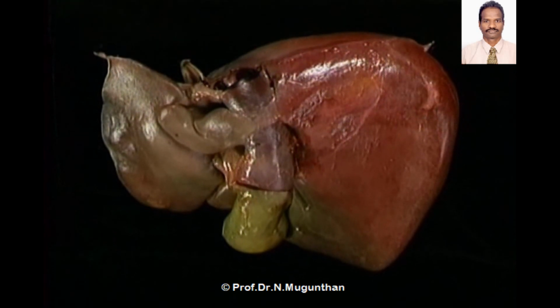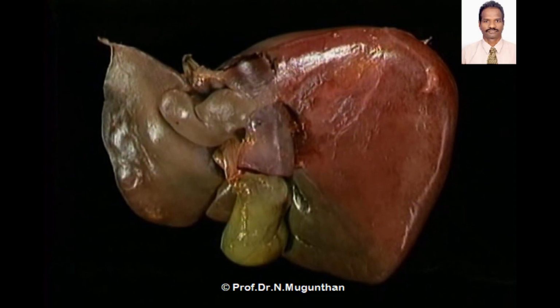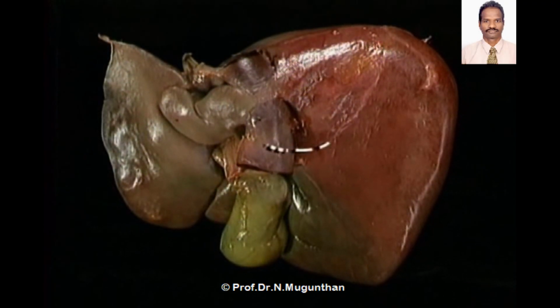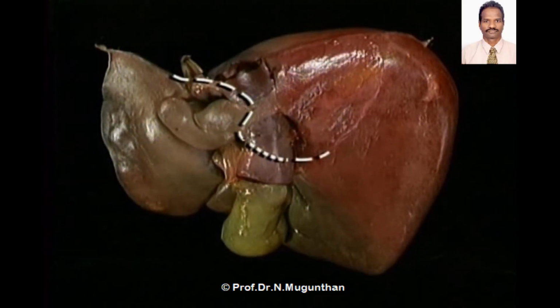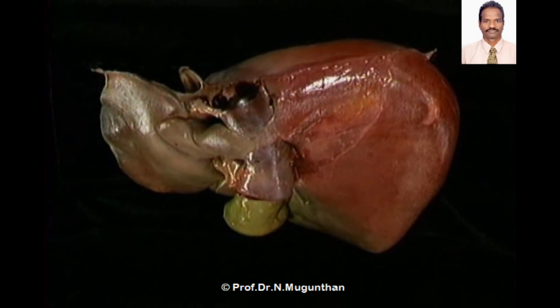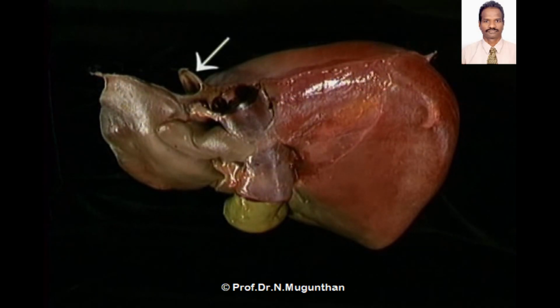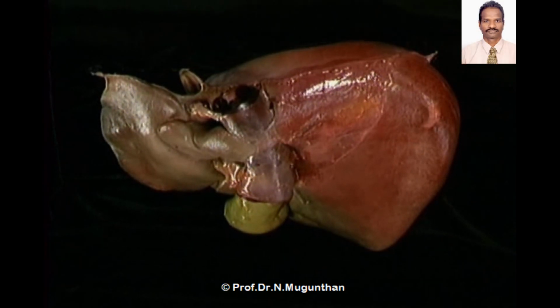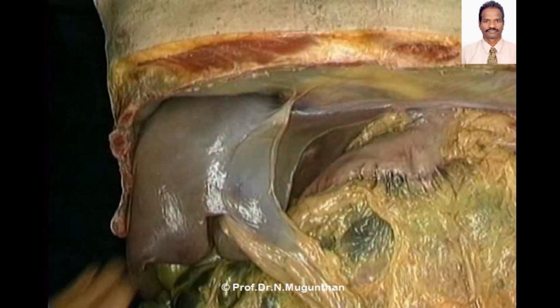The bare area is where the liver is devoid of visceral peritoneum, because the parietal peritoneum is reflected over this posterior surface of the liver and does not cover the liver as visceral peritoneum. That's why it's called the bare area of the liver. See the groove for the IVC. This arrow indicates the right and left triangular ligaments.